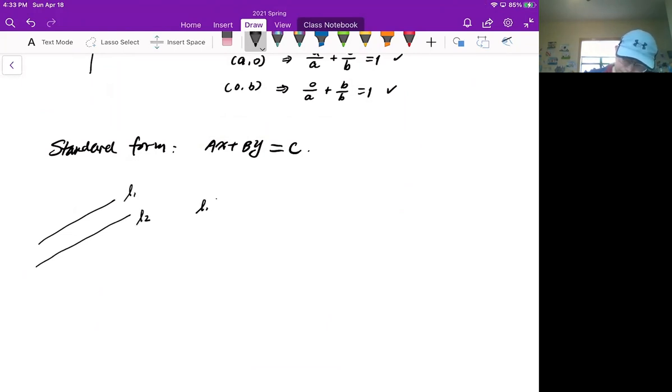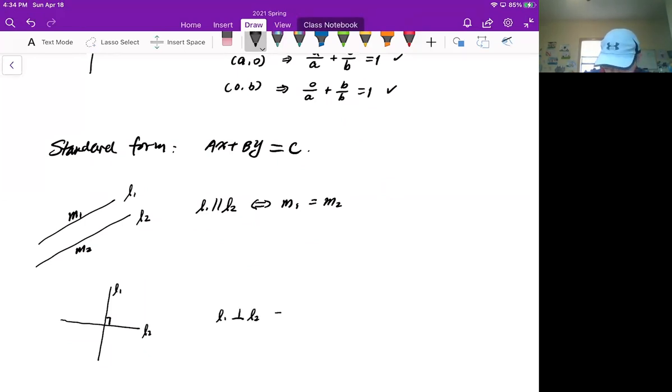L1 is parallel with L2 if and only if their slopes are the same, right? M1 is equal to M2. So M1 is here, M2 is here. All right. And on the other hand, if I have two perpendicular lines, L1 and L2, then I'm going to have M1 times M2 equal to -1.